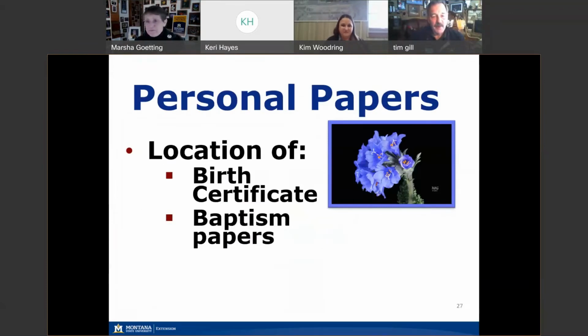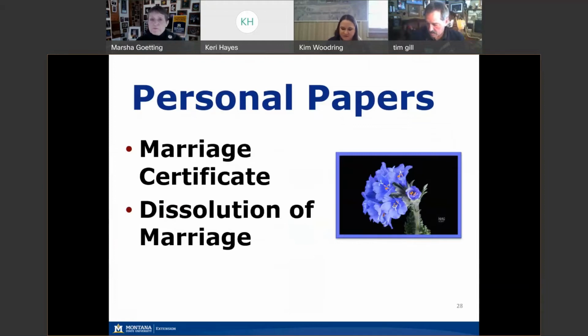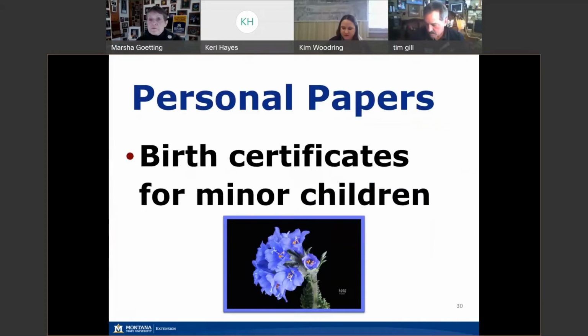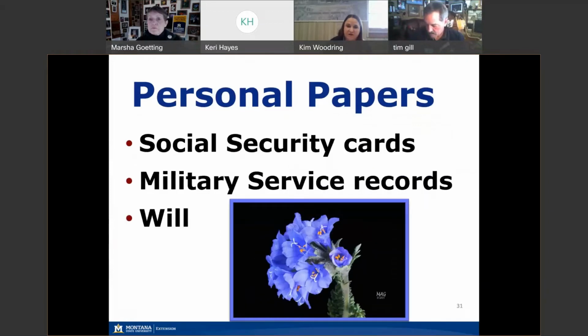So some of the important papers that you want in your box are your birth certificates, your baptism papers, your marriage papers, possibly your dissolution of marriage papers, your passport, papers for if you have adopted children, your social security cards, your military service records, and your will.